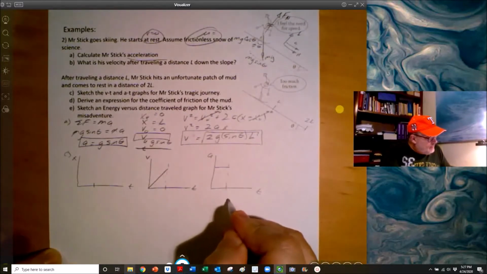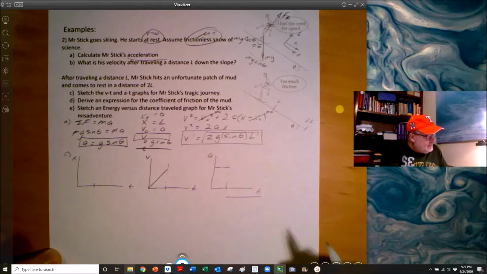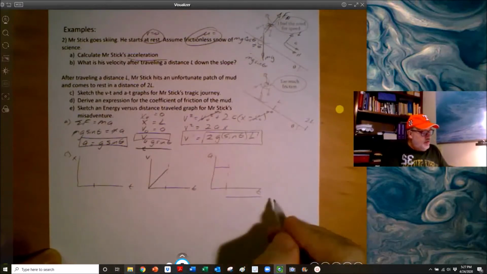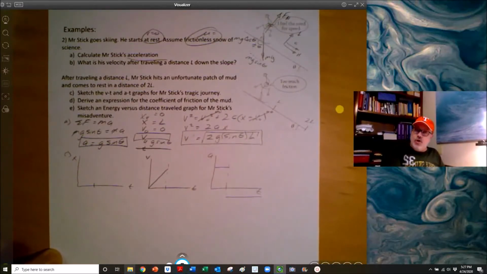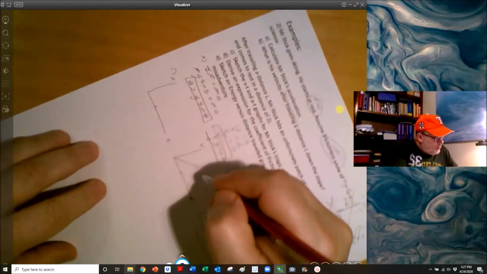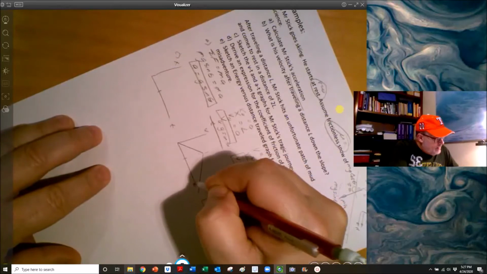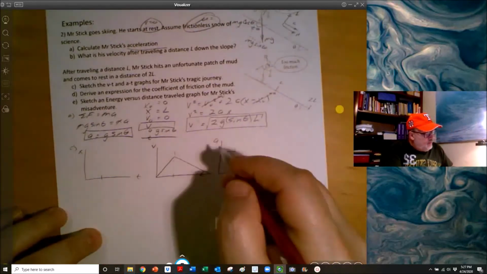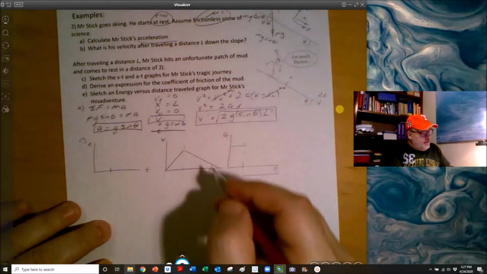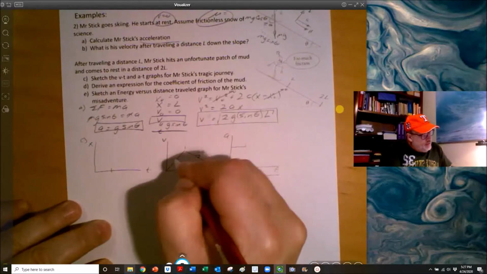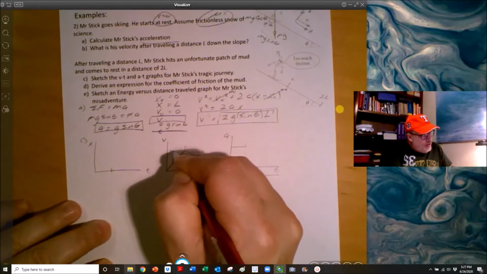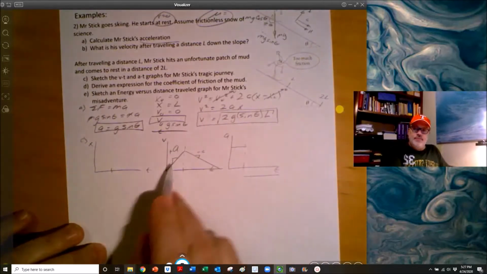So I'm going to go like this. I'm going to make my acceleration less, and we're going to go out a farther amount of time because it's going to take him longer to stop than it took him to accelerate. And so that means our slope over here will be something like this, going out a little farther. And so we have a negative acceleration here and a greater positive acceleration on this side.